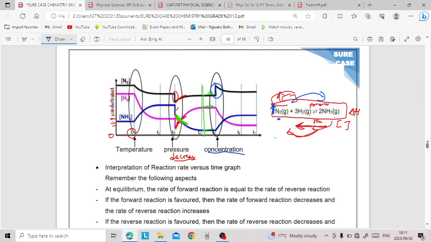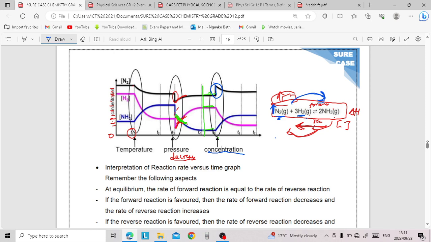So we expect N2 and H2 to decrease because they will be used up. Our system will favor the forward direction, adding more on the right hand side.